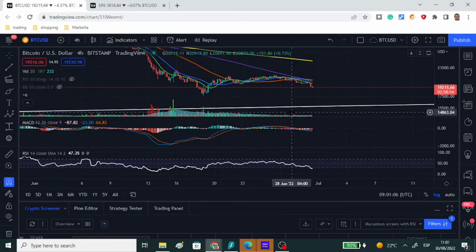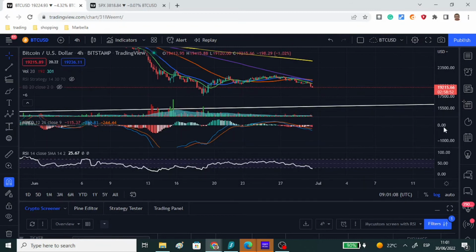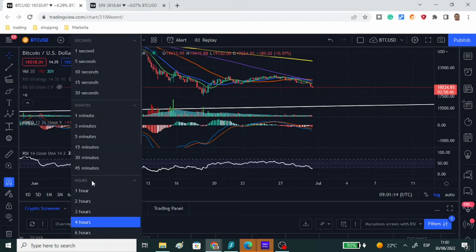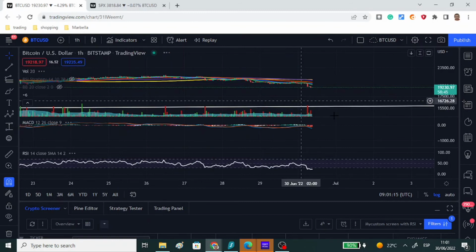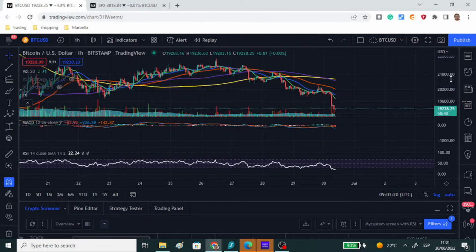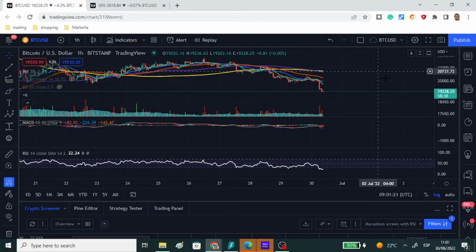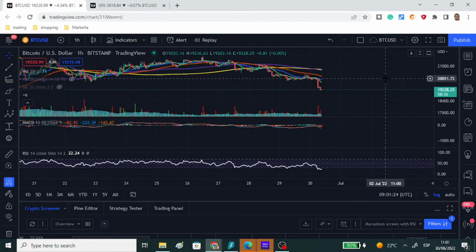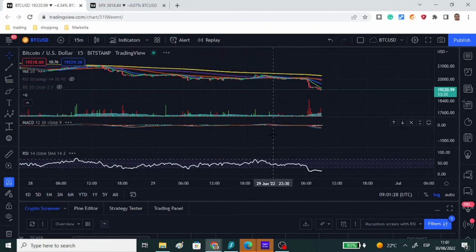4 hours, bearish, no sign of bullish divergence at all. On the 1 hour, same thing, no sign of bullish divergence at all. On the 15 minutes, no sign of bullish divergence either.